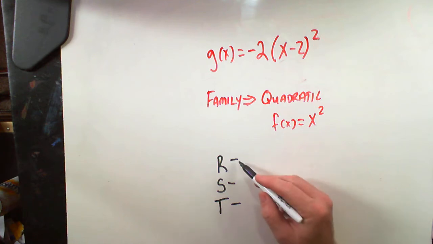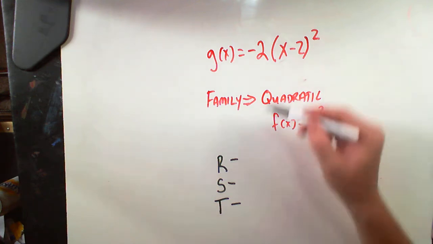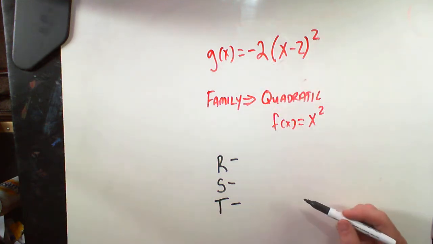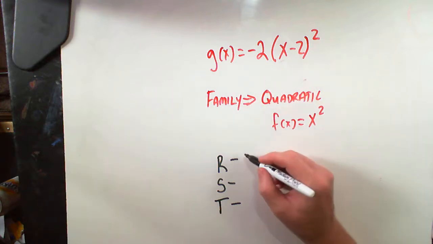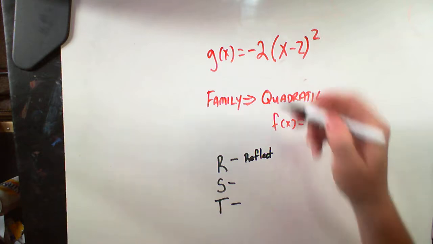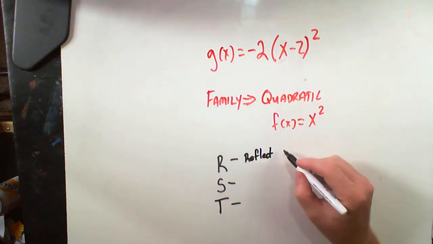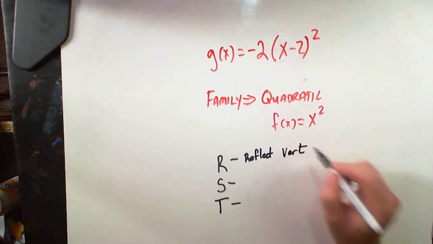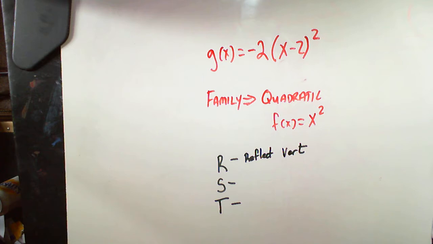All right, so do we have a reflection? Yes, we have that negative 2 out in front. So that negative tells us that we are reflected. And because it is outside, that is going to be a vertical reflection. So vertical reflection tells us that this quadratic is going to open down instead of opening up.